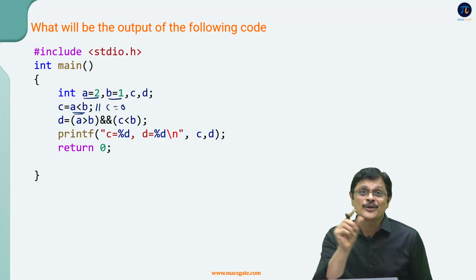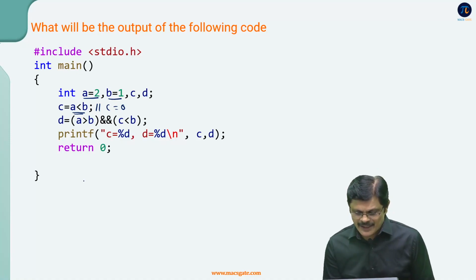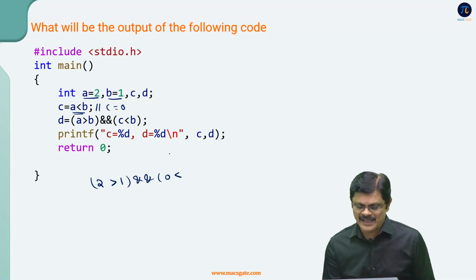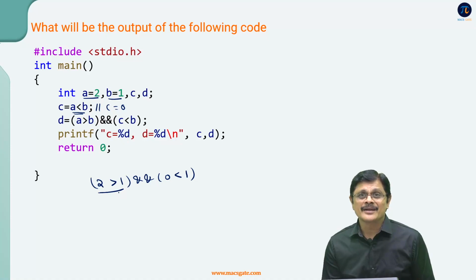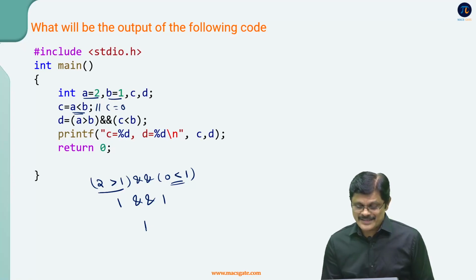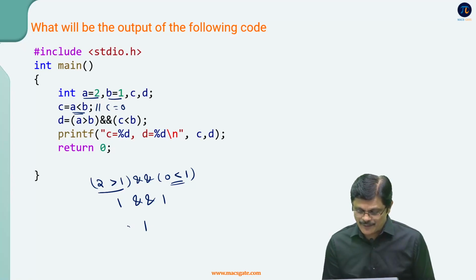So, 0 is assigned to C. Now, for D, you are comparing A greater than B logical and C less than B, that is 0 less than 1. Actually, 2 greater than 1 is true. Therefore, this condition is also verified. 0 less than 1, yes, true. So, 1 and 1 is 1. So, the D value will be 1.